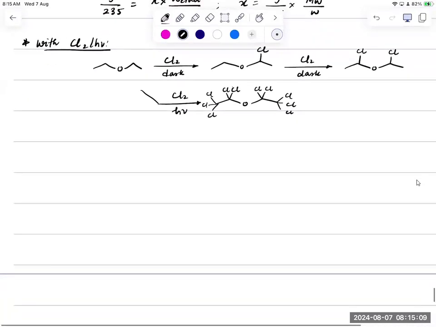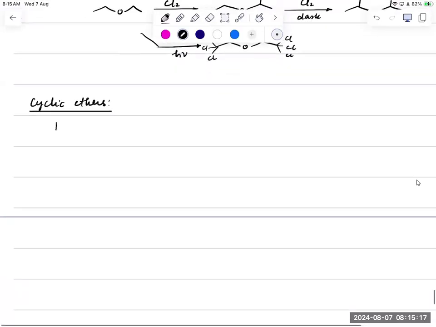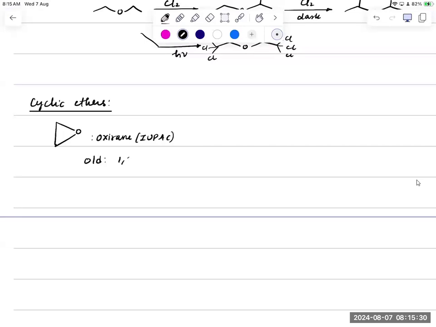Next, what about cyclic ethers? Cyclic ethers terminology and name is important. This is called oxirane in IUPAC terms. The old name is written as 1,2-epoxy ethane.